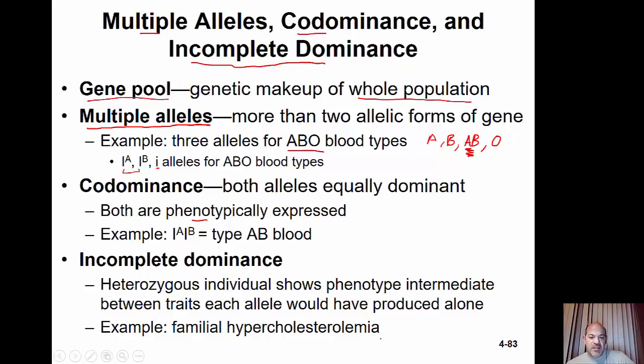Hyper means more, cholesterol, and emia means in the blood. Those individuals that have both copies are going to have high cholesterol in their blood. If you're heterozygous, you're going to be somewhere in between having normal and too much cholesterol. So that's the example of incomplete dominance when it comes to blood cholesterol.